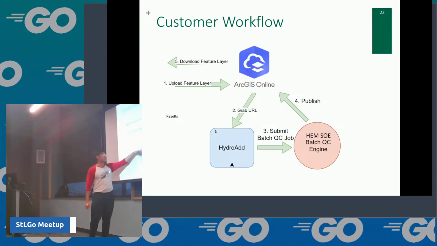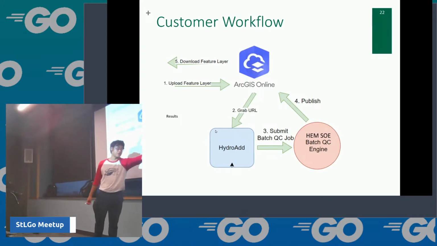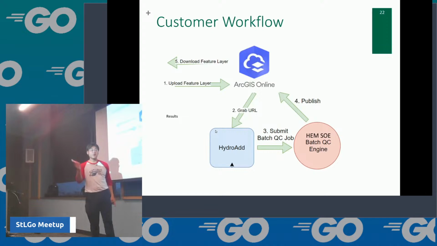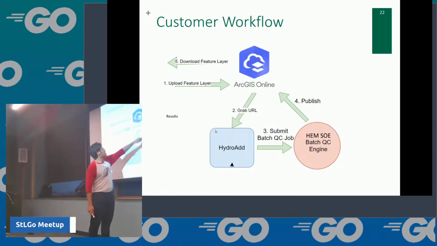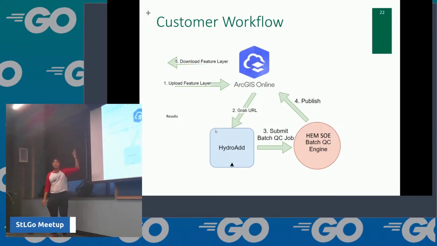It creates a table for you. You grab the URL, send it to our application, and then we send it to our algorithm over there that does the QC, snapping it back, and publishes it back to ArcGIS Online. Once they have the fully feature-corrected data set, they can download the layer back locally.